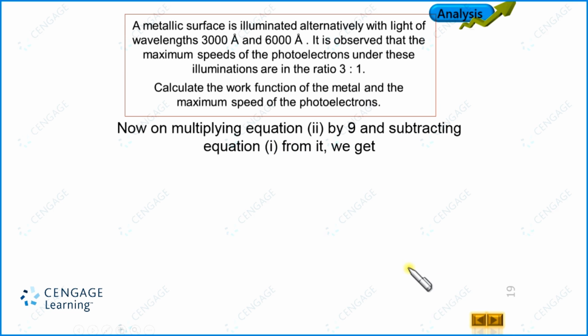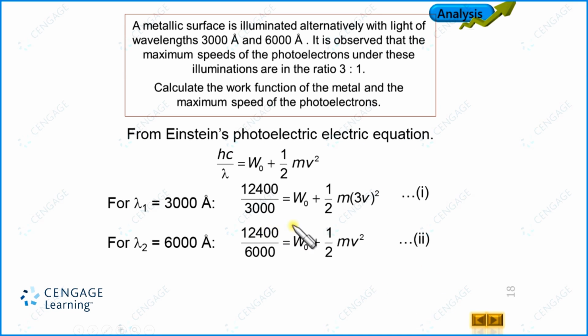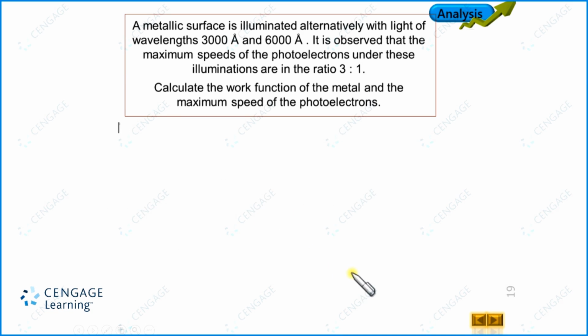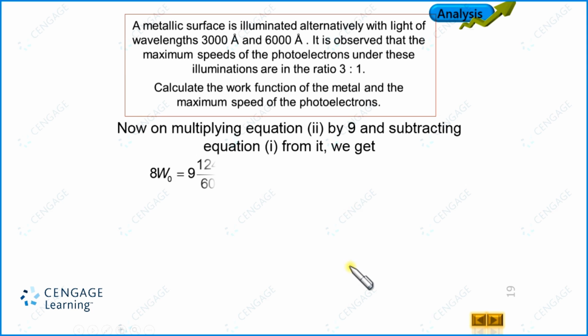So let us calculate it. After calculation we will get this value as 8 multiplied by W naught, right? Let us calculate: 8 multiplied by W naught equal to 9 multiplied by 12400 divided by 6000 minus 12400 divided by 3000.